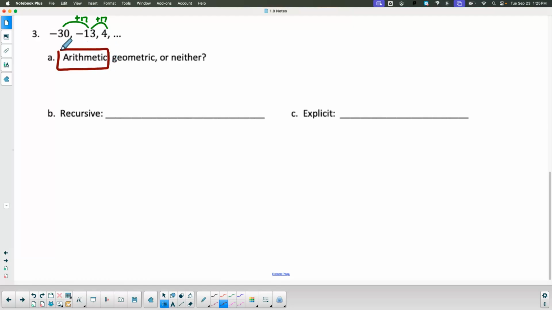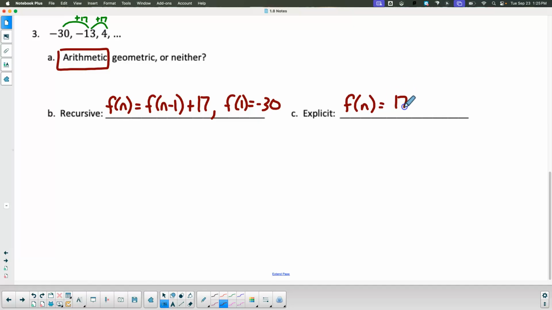So my recursive then is going to be f of n is equal to f of n minus 1 plus 17, with f of 1 being negative 30. My explicit function is going to be f of n equals 17 times the quantity n minus 1, then minus 30.